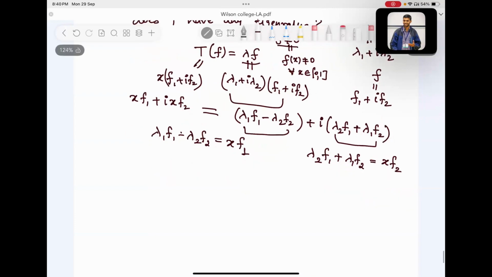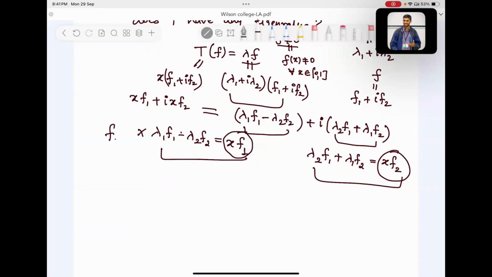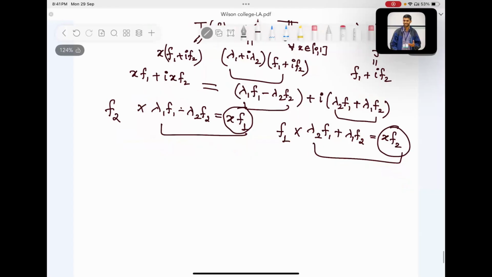Now what can we do here? Compare these two equations. On this side we have f1, on this side we have f2. Now multiply this equation by f2 and multiply this equation by f1. Then what you will get?